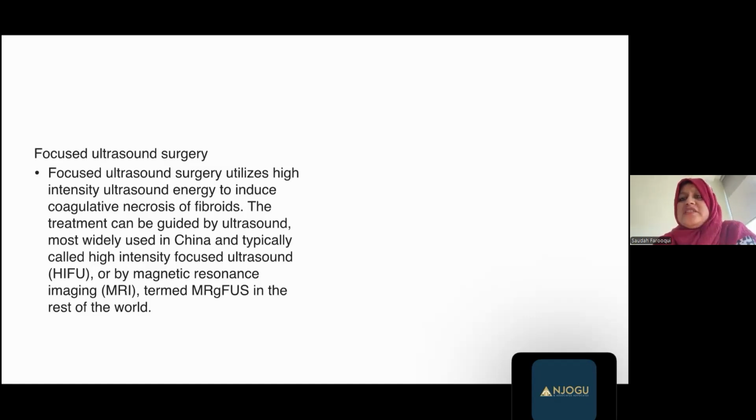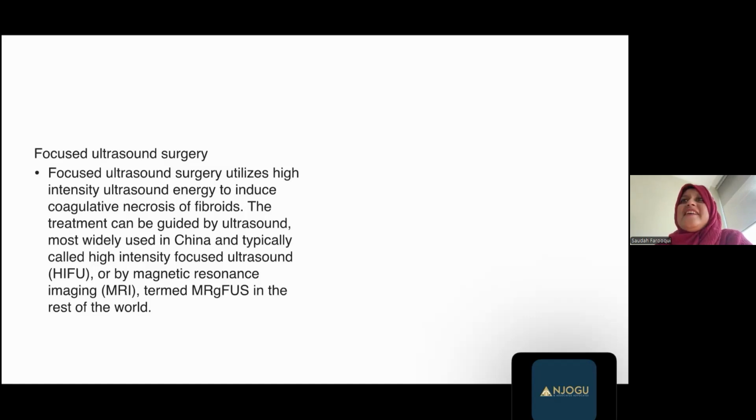I have not seen any center that is doing it for the time being, unless Aga Khan has started. I'm not too sure, but I know for our place, we haven't yet started HIFU as a management option. Again, this is not a good option for very big fibroids causing pressure symptoms, because it's recommended for less than 10 centimeters in total size of the fibroids.